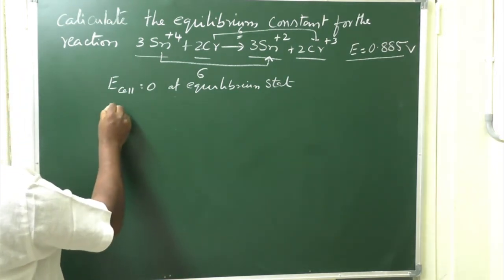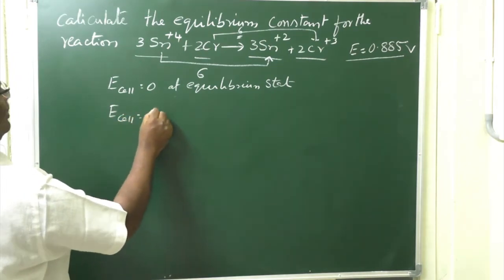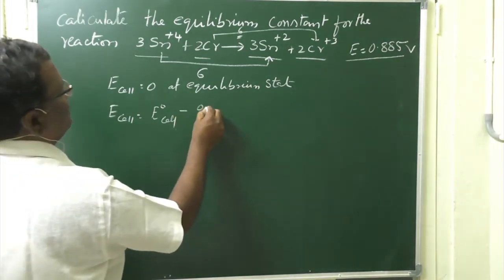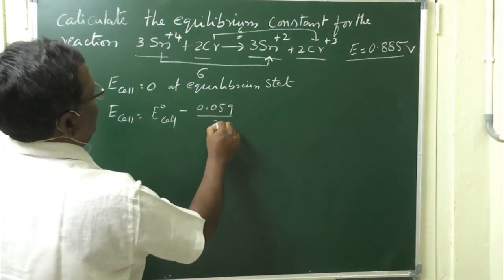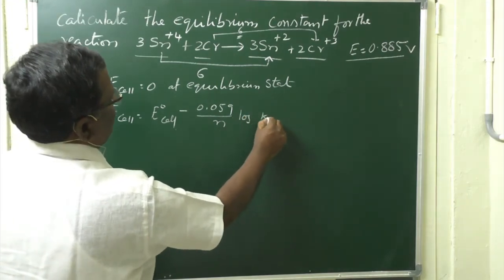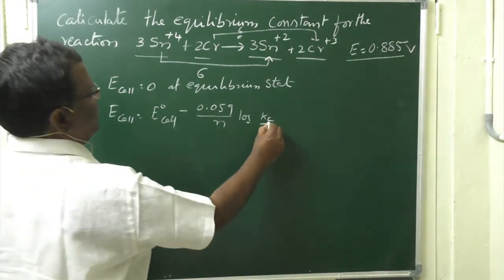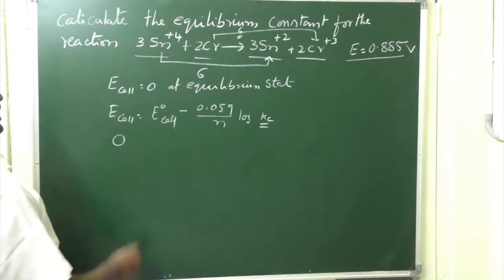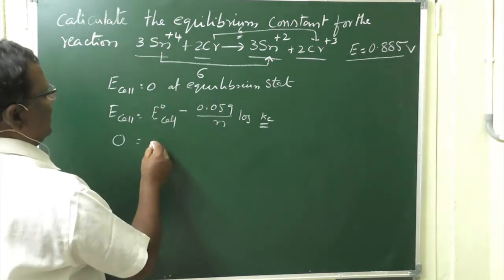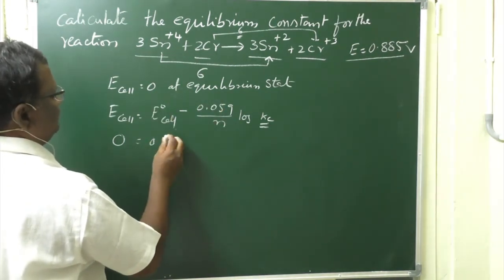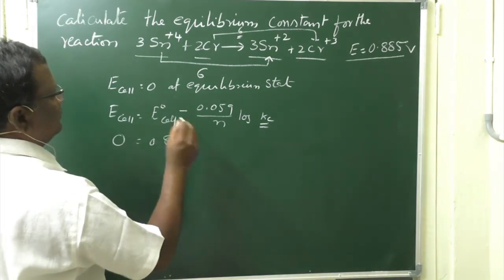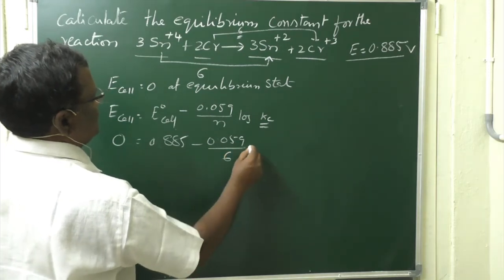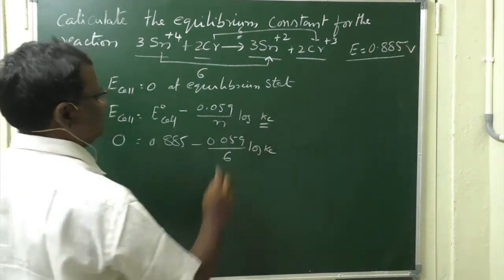According to Nernst equation, E cell is equal to E naught cell, that is EMF at standard conditions, minus 0.059 by n log Kc, equilibrium constant. Now they are asking this value, Kc value. So E cell is 0 at equilibrium state and E naught cell at standard condition is 0.885, so 0 equals 0.885 minus 0.059 by 6 log Kc.